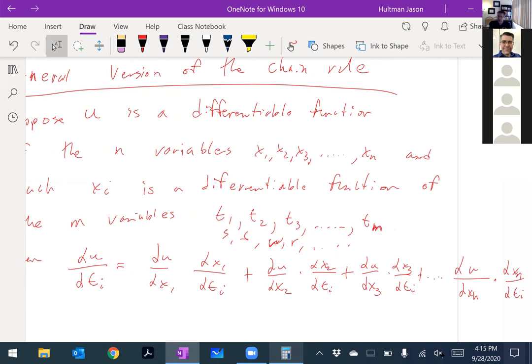However many variables you want, you take the partials of the upper variable times the partial of that upper variable with respect to one of the lower variables.